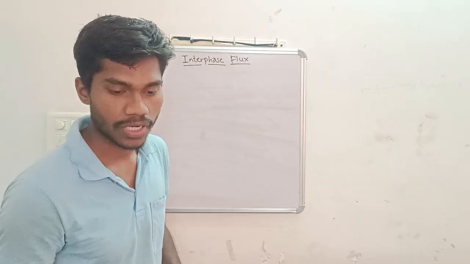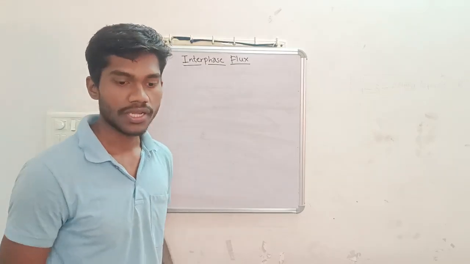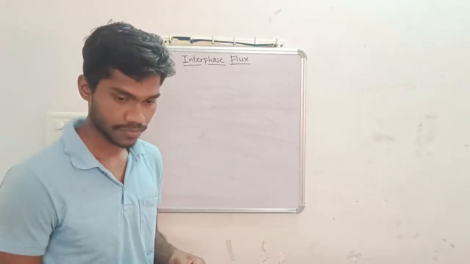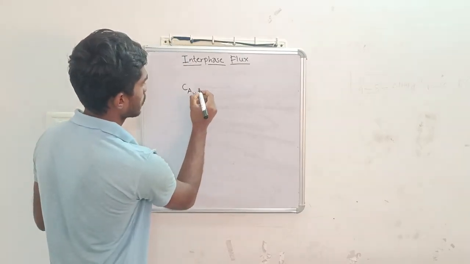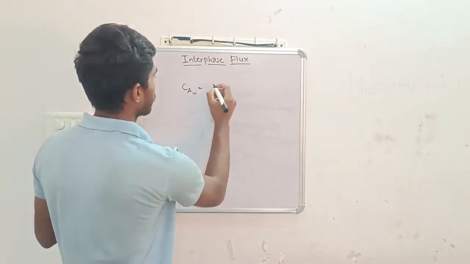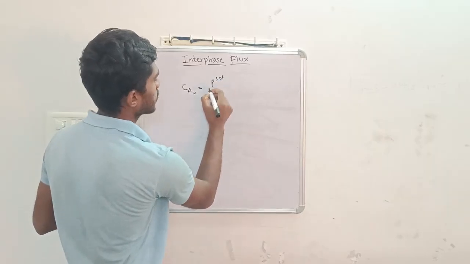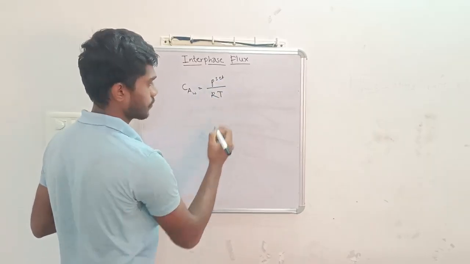So moving further, firstly we have to convert P saturation into CAW. CAW equals P sat by RT.